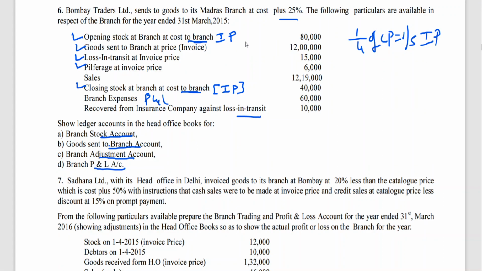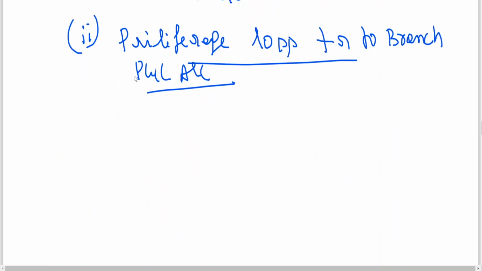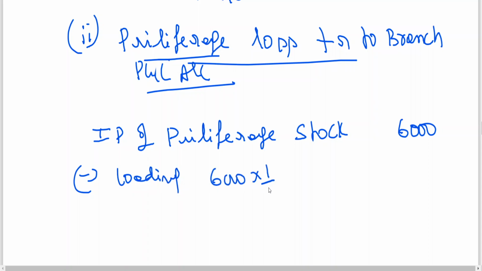You can see the invoice price of pilferage is 6,000, minus loading, okay, 4,500.